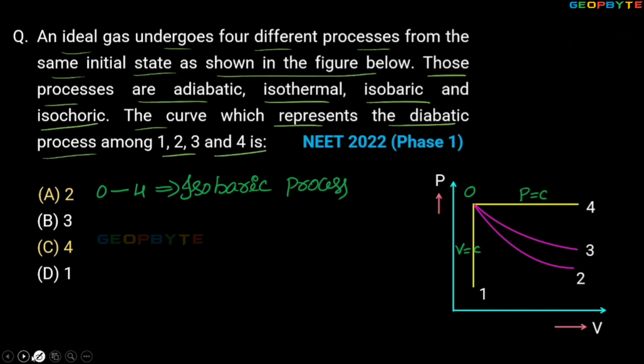Similarly, 0 to 1 is the isochoric process. Then, among 2 and 3, one must be isothermal, the other must be adiabatic.